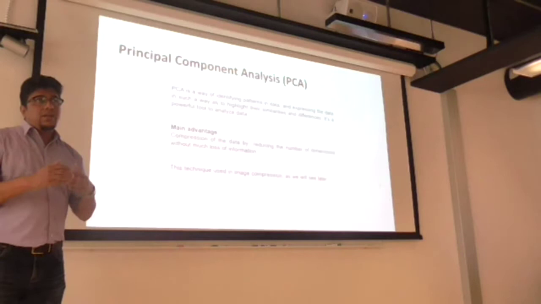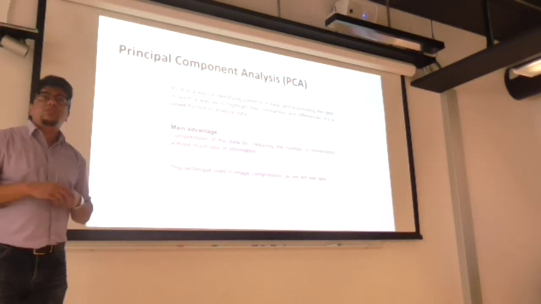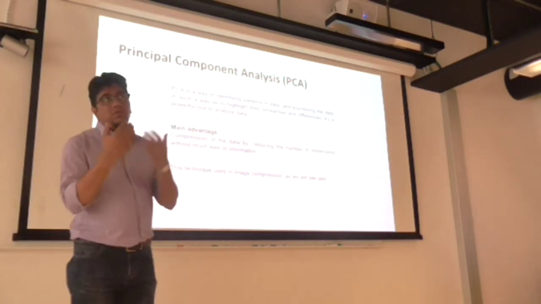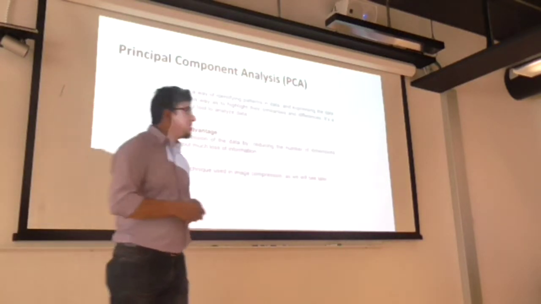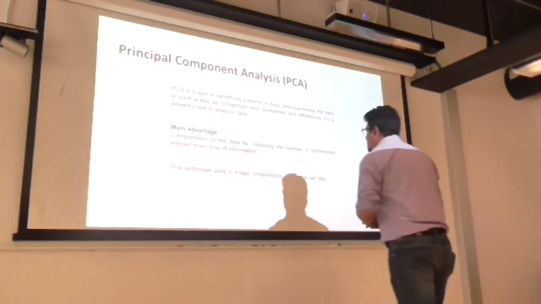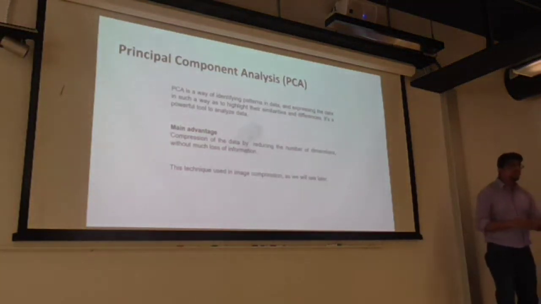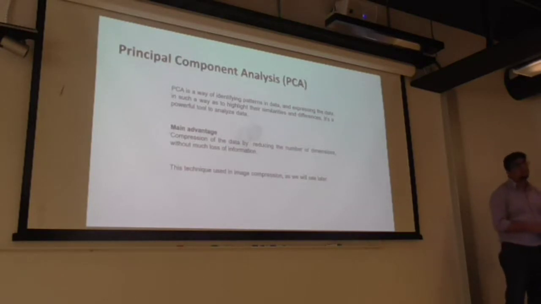A good thing with image processing is that when you reconstruct the image, you can visually see how it looks. We can see some examples later. It's used for various purposes, mostly dimension reduction, and sometimes also for feature extraction in image processing.